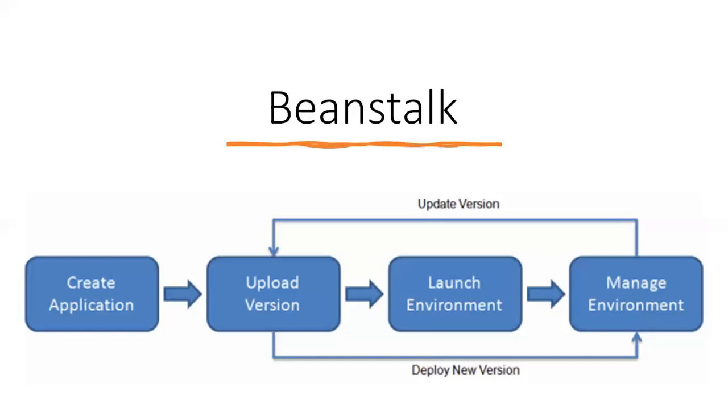Supported language platforms include Ruby, Python, PHP, Node.js, Java, Packer Builder, Glassfish, Docker, and Tomcat. The web servers they are provisioned with will be familiar to most web developers and also include Apache, Tomcat, and IIS.